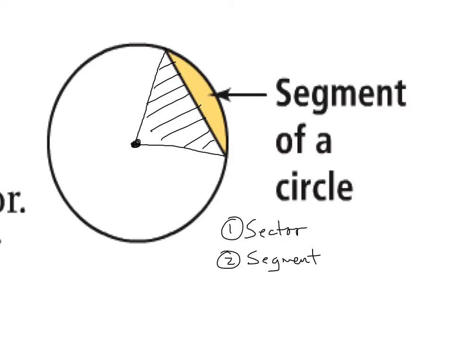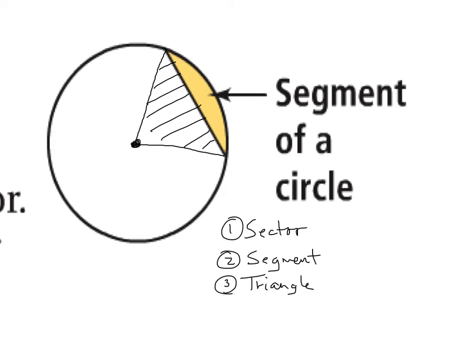It was a piece of the pie essentially. The segment is from one endpoint of a line to the other endpoint, not through the center, and that's this area right here, this yellowish green color. And then you'll also notice that you have in here a triangle.